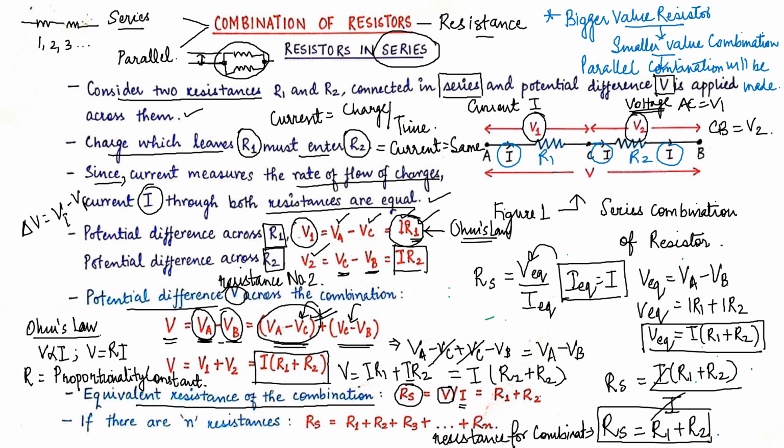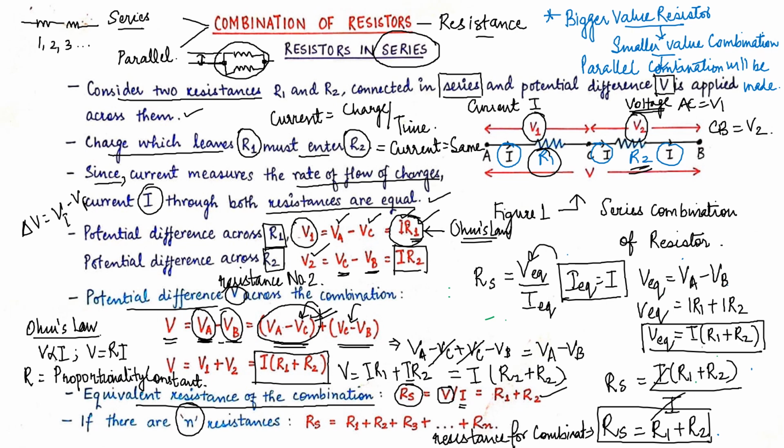Now see, here we have mentioned only resistance 1 and resistance 2. In case we have n number of resistances, what will happen?